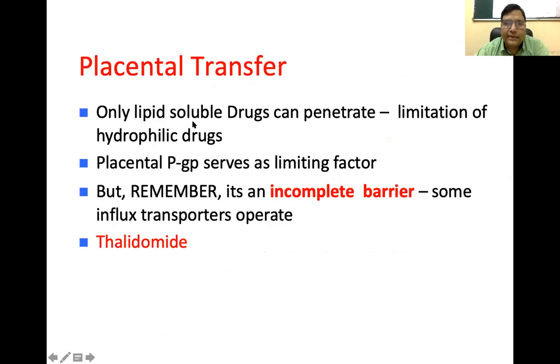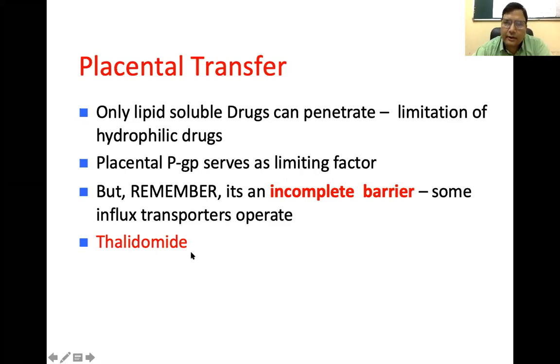And only the lipid soluble drugs can penetrate through this, and there is a limitation for hydrophilic drugs. They cannot easily cross this. Then there are placental glycoproteins, which serve as limiting factors. And a point to remember over here is that these barriers are incomplete barriers, and there are some influx transporters also, which can easily transport certain drugs such as thalidomide.